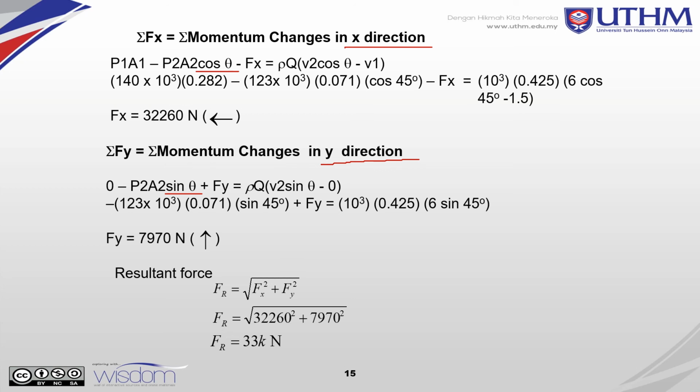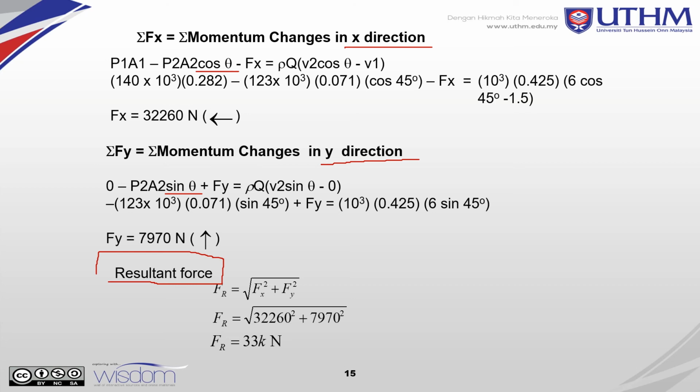After you get the momentum in the y direction and x direction, you must find the resultant force. The resultant force Fr is equal to the square root of Fx squared plus Fy squared.